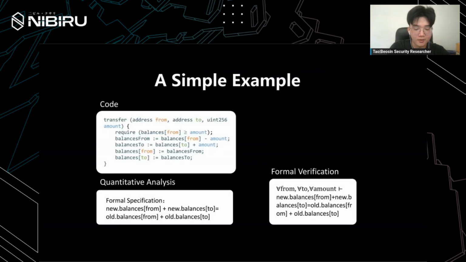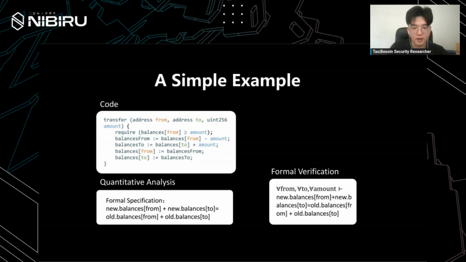So I think you can have a basic understanding of formal verification. We need to do the quantitative analysis, find the invariance in the function, and write the formal specification for this function.